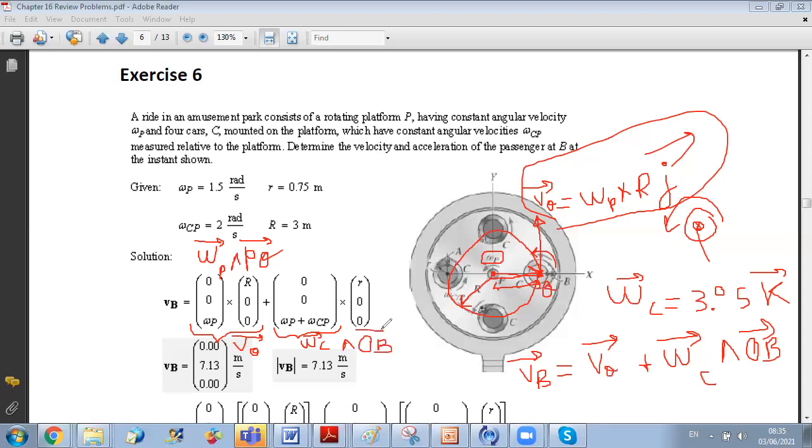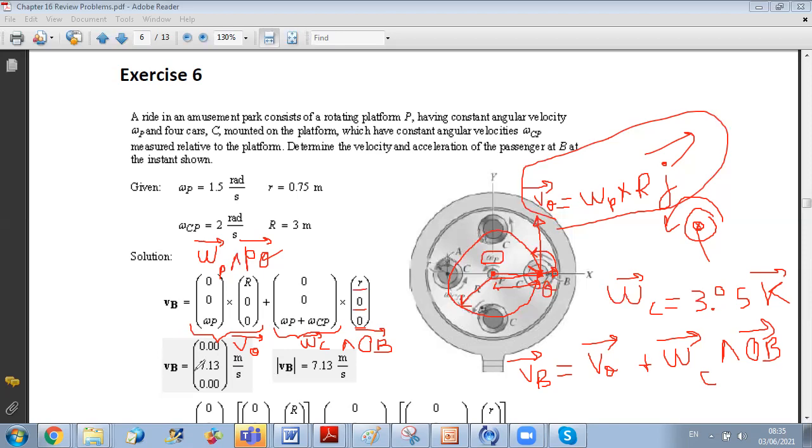And OB vector is directed along i, so it has only a component along i, so it's small r i, 0 j, 0 k. Now, if you do the expansion, you can get your velocity vector, and of course, you can get its magnitude and direction.